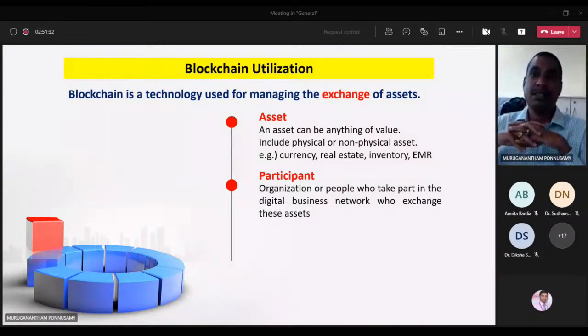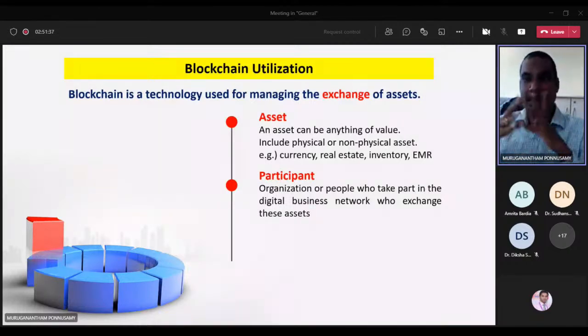This applies for all the participants, either the company and or people, I mentioned only "or" in the slide, but it is not like that, organizations and people who take part in the digital business network and exchange these assets. Even we may think of this implementation in our stock exchange, in our bank, even in our home financial administration.